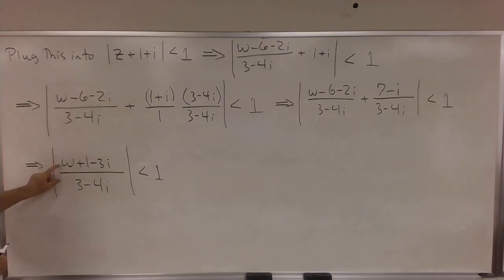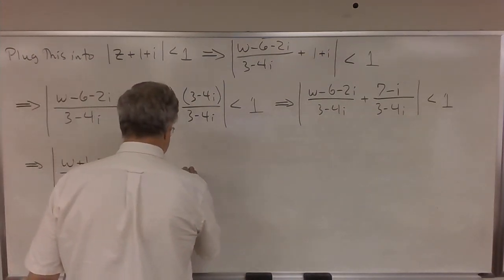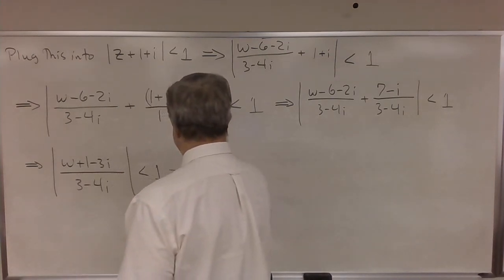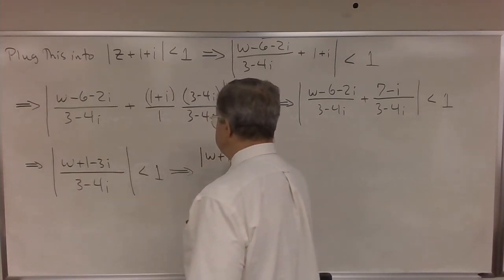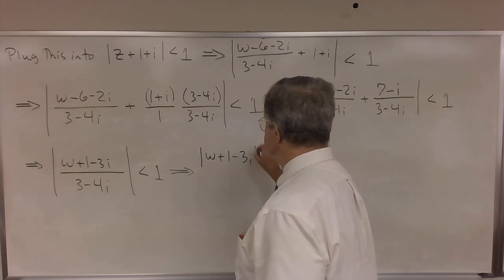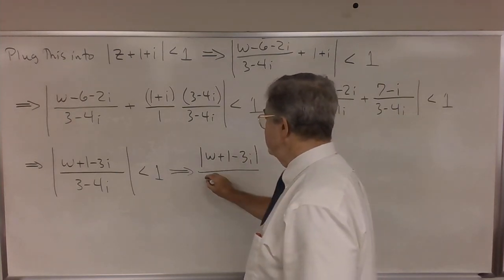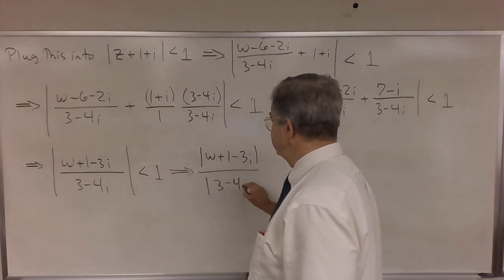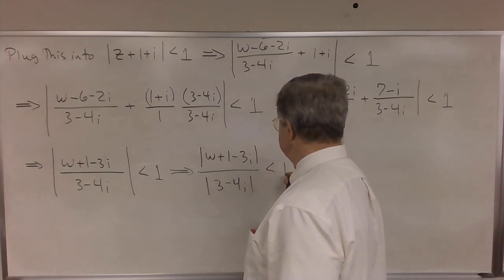I have the modulus of a quotient. And I think now may be a good time to use the fact that the modulus of a quotient is the quotient of the two moduli. So I have modulus of w plus 1 minus 3i all over modulus of 3 minus 4i less than 1.